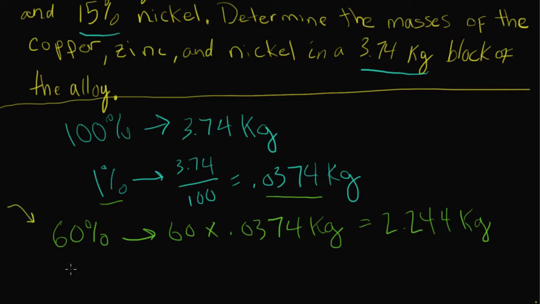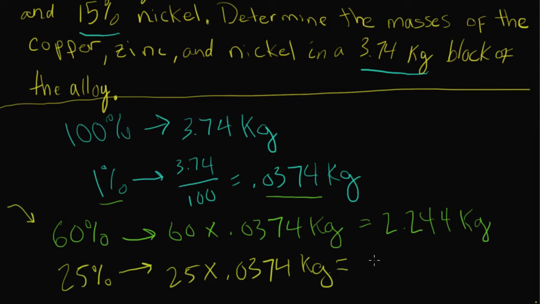Now if we go to the zinc, it comprises 25%. So it's going to be the same thing. If one part is this much, then 25 of those parts will be 25%. So you just multiply by 25 parts.